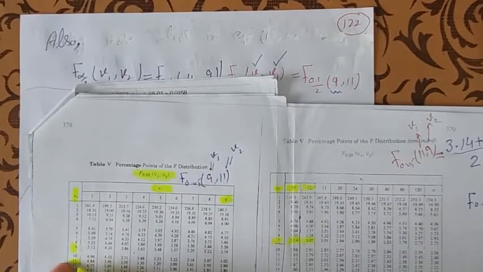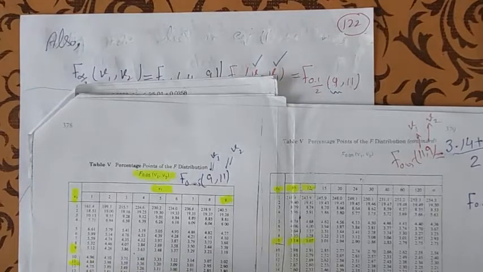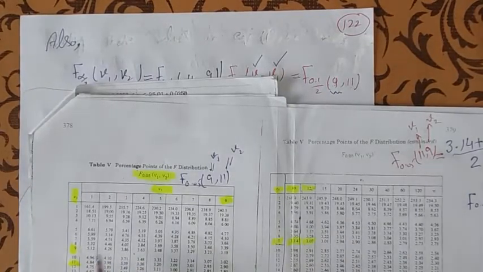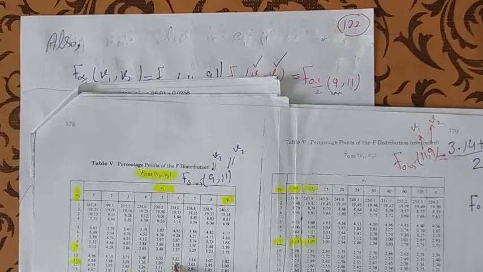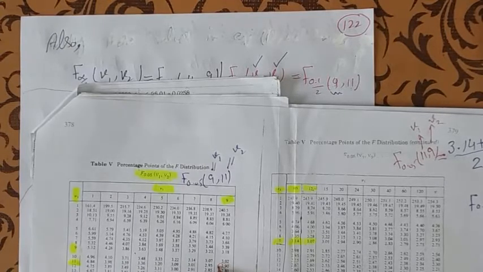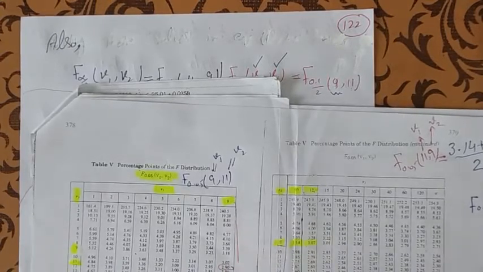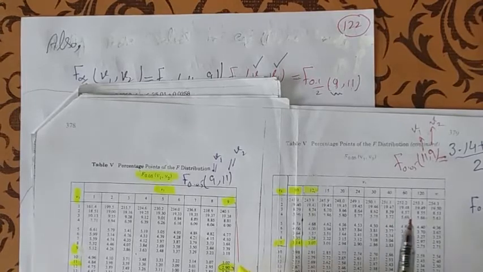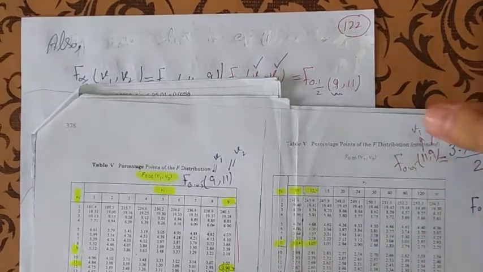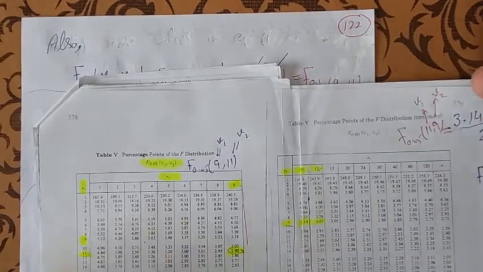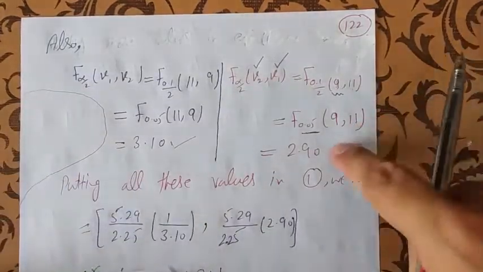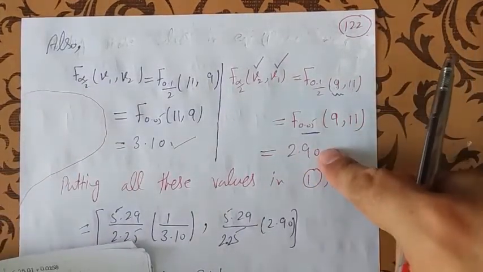So the corresponding value of 11 and 9 is equal to 2.90. So I write the value is 2.90.